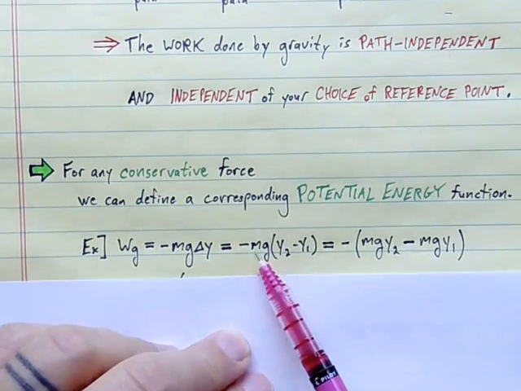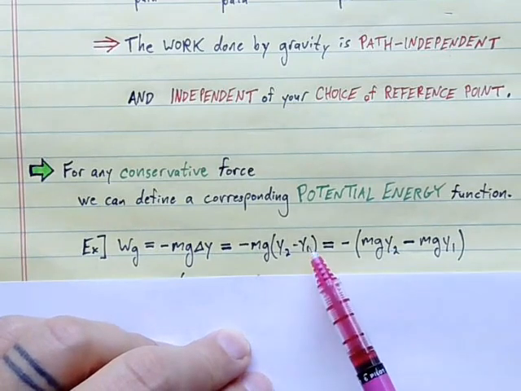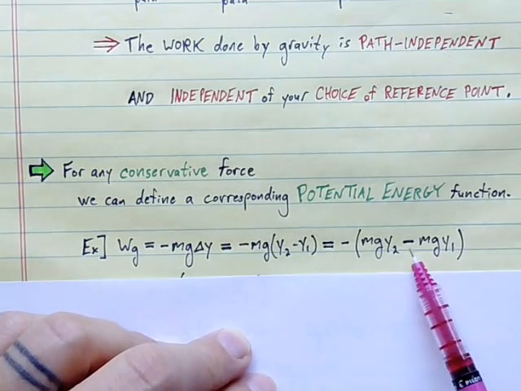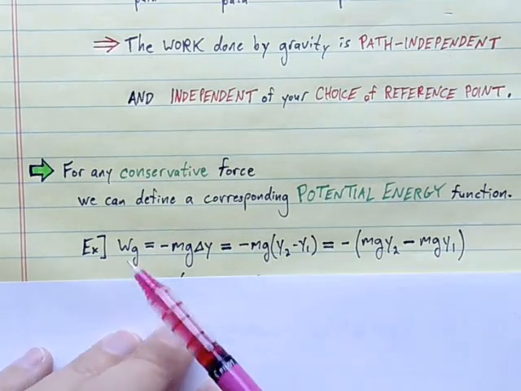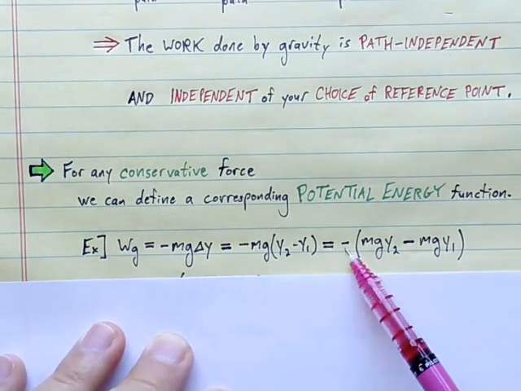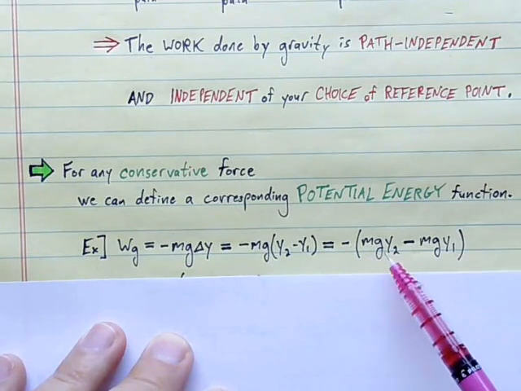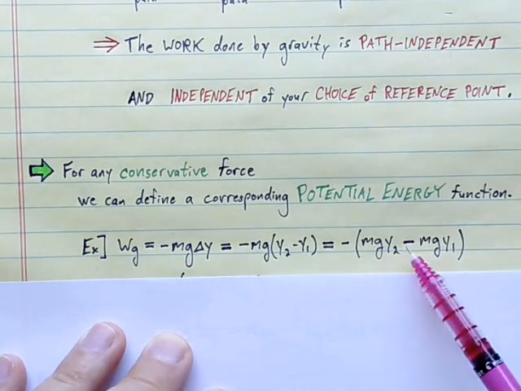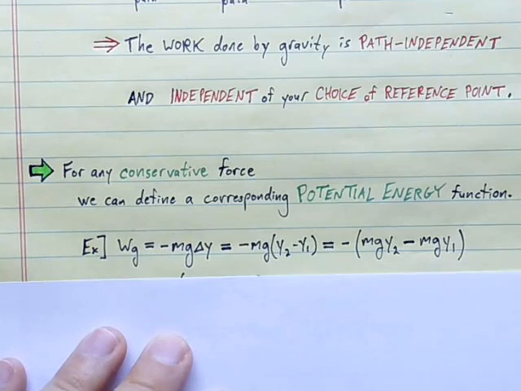And if I distribute that mg across these terms, I get the opposite of mgy2 minus mgy1. So apparently, the work done by gravity along some path is equal to the opposite of the change in mgy, final value of mgy minus initial value of mgy.